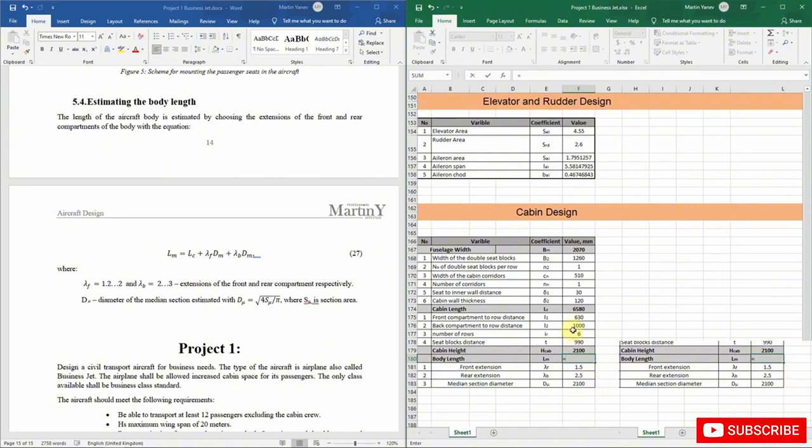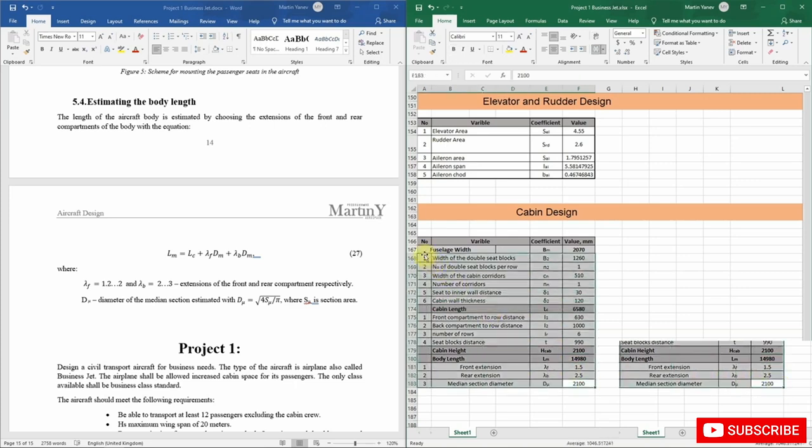So this will be equal to LC, which is the cabin length, plus the front extension of the aircraft multiplied by the diameter of the aircraft, which is this one, plus the back extension of the aircraft, which is multiplied by the diameter. It makes sense, right? And this is how we're getting the value for the whole body, which is going to be about 15,000 millimeters or 15 meters, okay? It's 14.98.